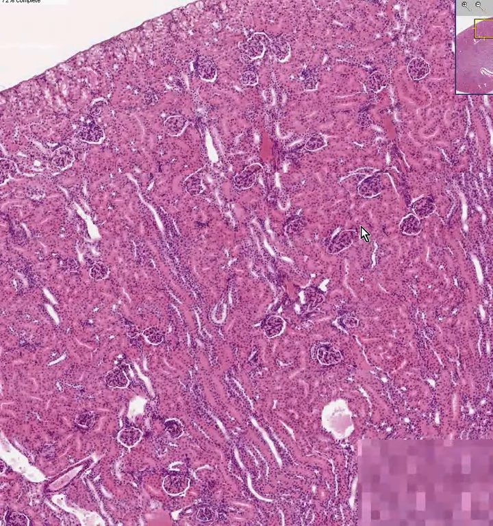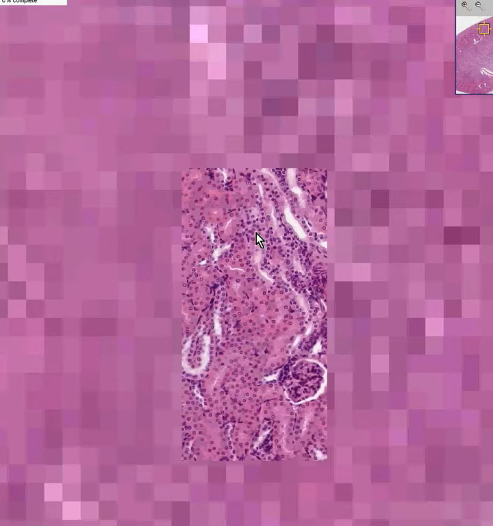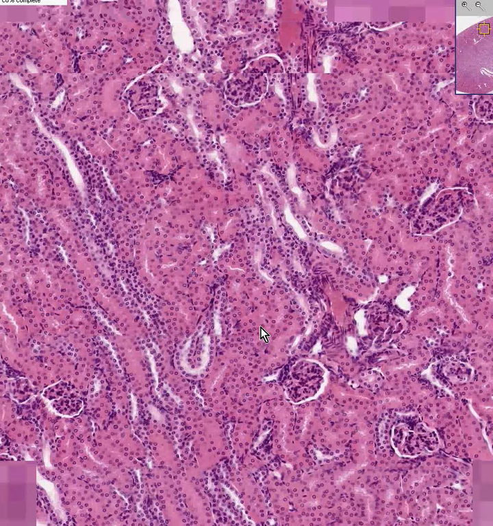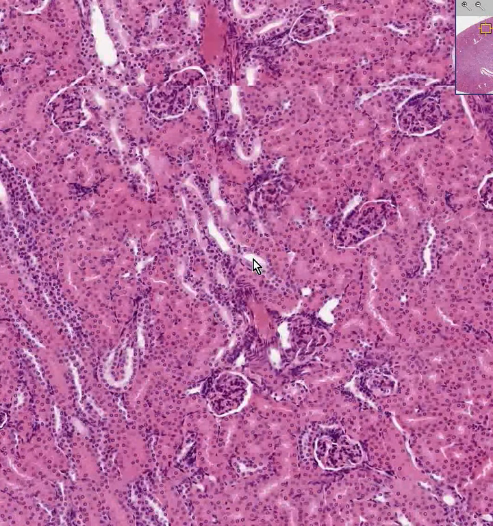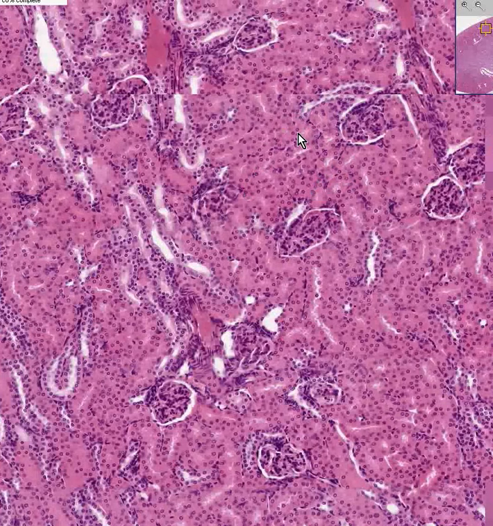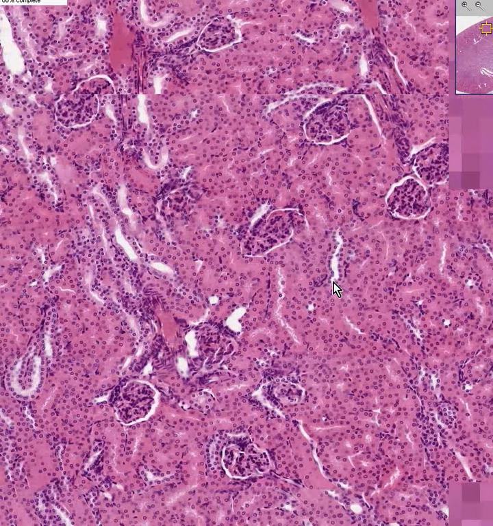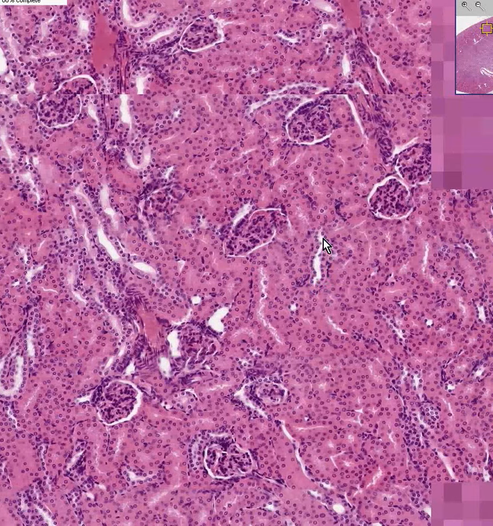The glomeruli are surrounded by tubular structures. 90% of these tubules have lumens which are so filled with cytoplasm that they are called proximal convoluted tubules. These are all proximal convoluted tubules here and here and here. If the tubules in the cortex have enough guts to form an actual lumen, then this is a distal convoluted tubule.